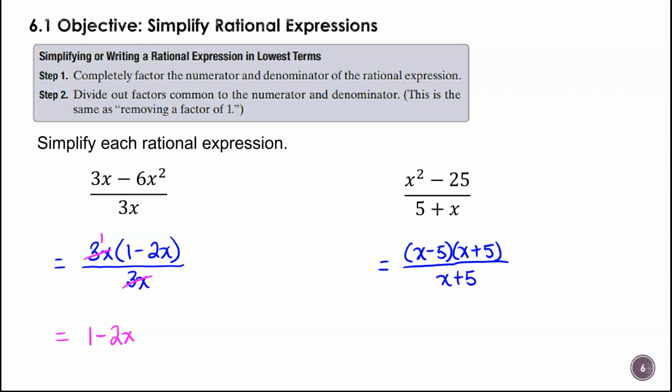In this case, since both signs are positive, it doesn't really matter which order they're in. x plus 5, 5 plus x, those are equal, right? So our common factor is this binomial x plus 5, right? Because if I divide something by itself, it's going to equal 1, as long as we're not dividing by 0. And then my answer in simplified form is simply x minus 5.